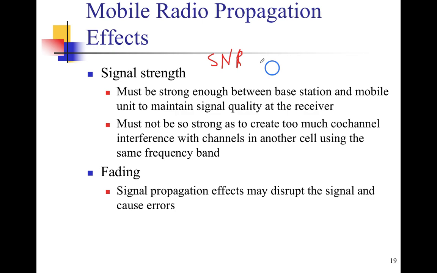So a certain quality of signal needs to be maintained between the mobile unit and the base station. It must not be so strong as to create too much co-channel interference with channels in other cells using the same frequency band.